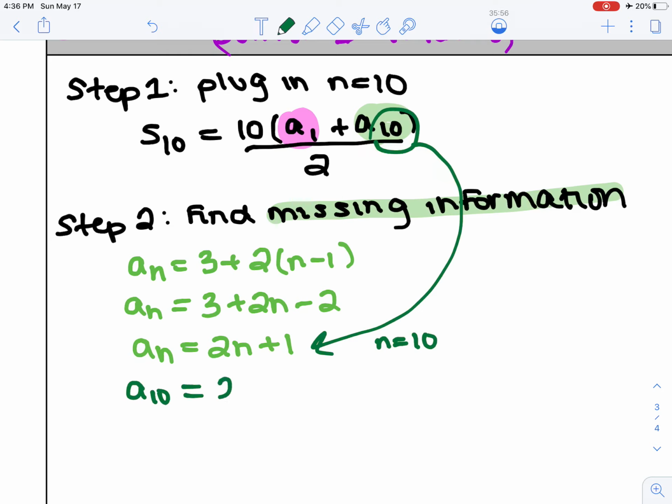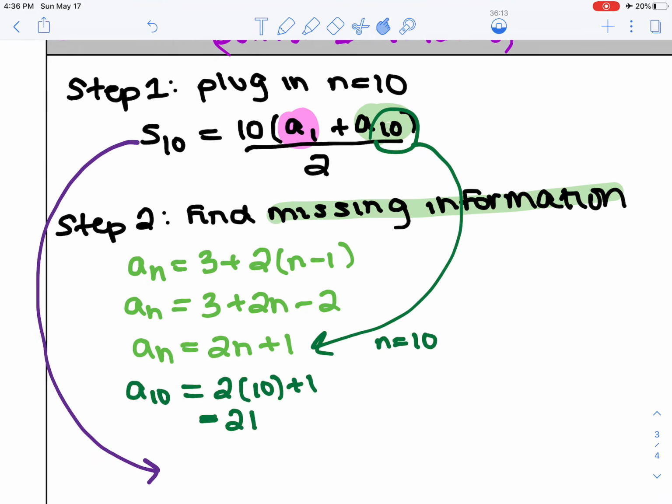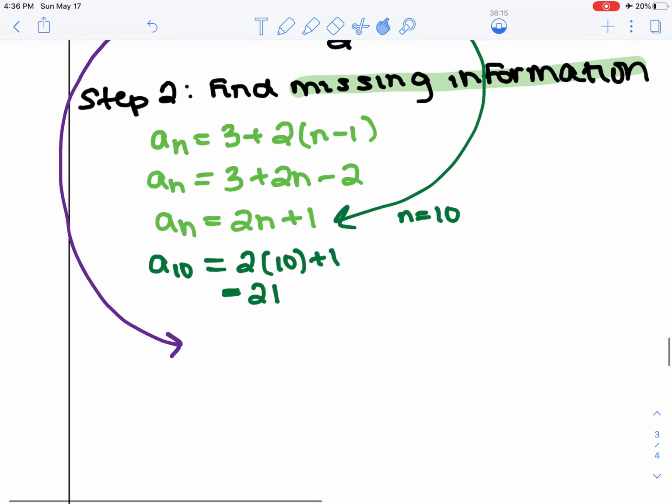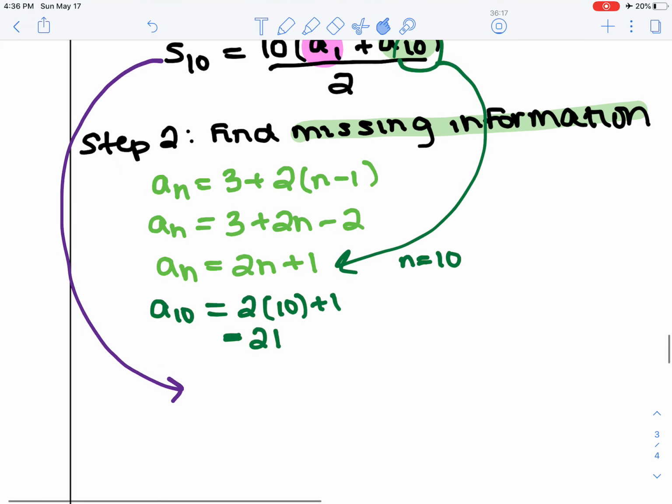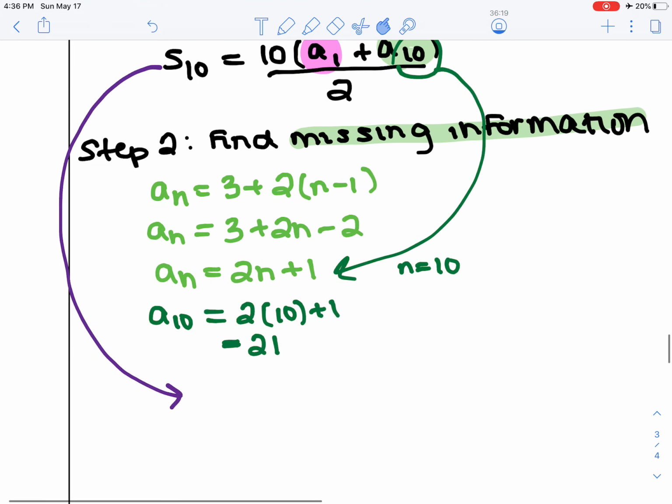So a sub 10 is equal to 2 times 10 plus 1, which is just equal to 21. And this allows me to fill in the rest of my S sub 10 equation. Okay, so step 2 on your guided note says identify the missing information, and step 3 is find the missing information.